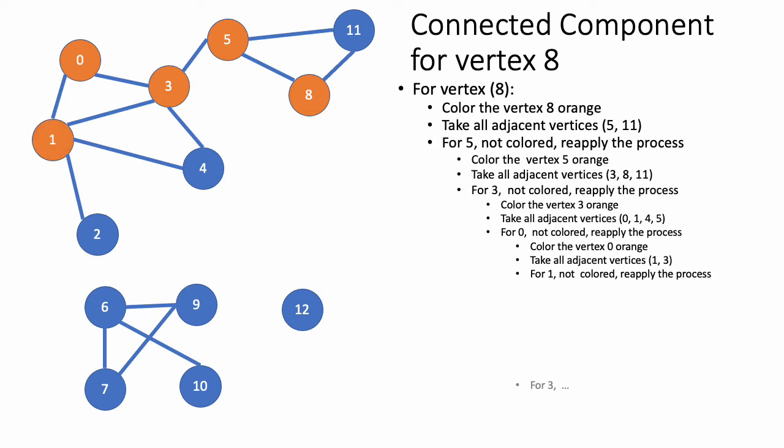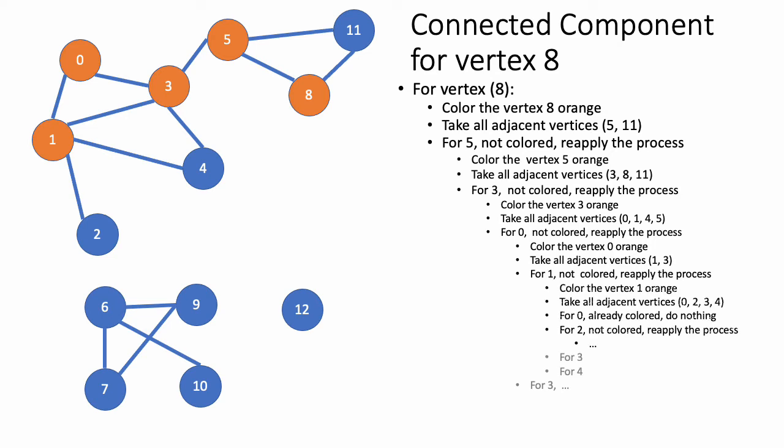Now for 1, which is not colored, we color it in orange, and then we take all adjacent vertices, which will be 0, 2, 3, and 4. All these are adjacent. For 0, it's already colored, so I do nothing. I just skip it. 2, it's not yet colored, so I will go to 2 and reapply the process.